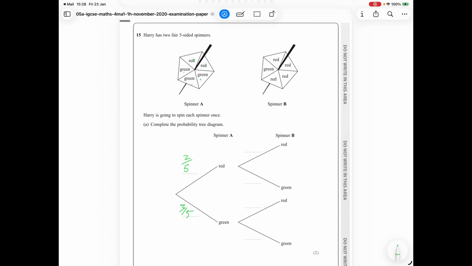And then for the second spinner, he has 1, 2, 3, 4 reds, so that's 4 out of 5 and 1 green. And that's how you complete that.